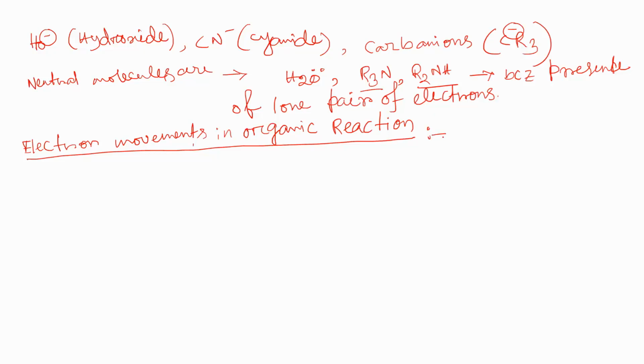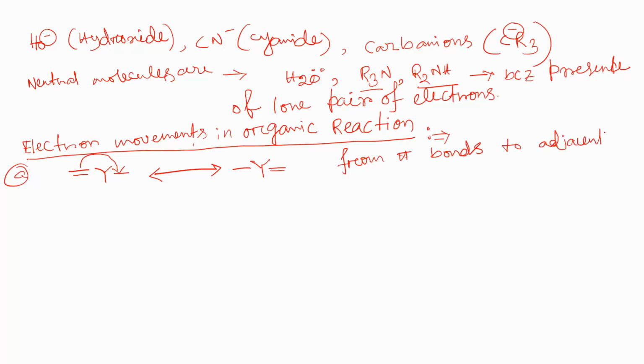If we consider a simple example like this one, a double bond and one single bond, and the electron movement happens, this double bond will shift to the single bond position. The double bond becomes a single bond, and the single bond becomes a double bond. So it is from a pi bond to an adjacent bond position.